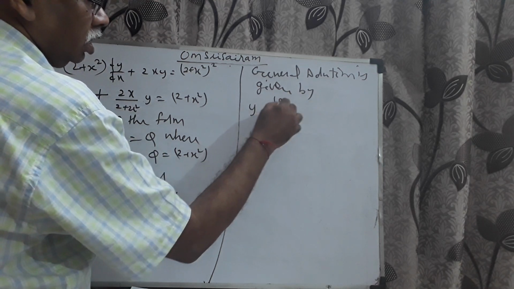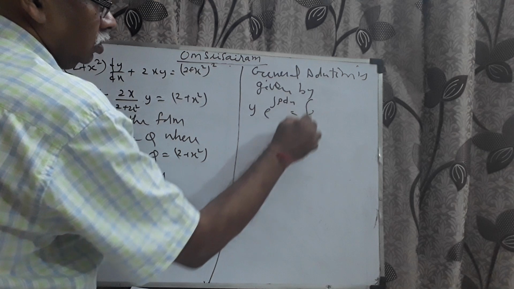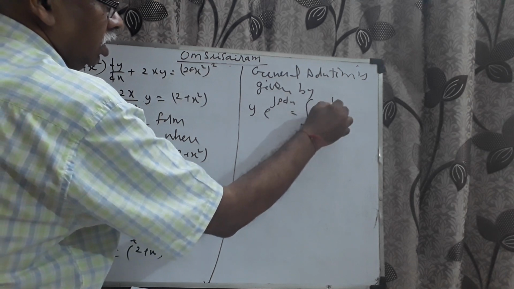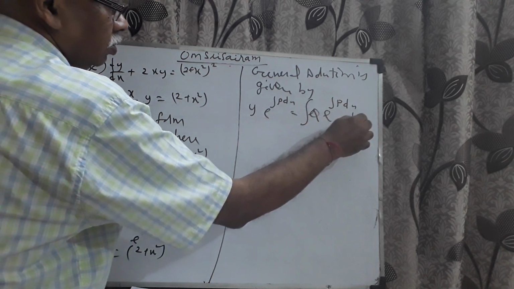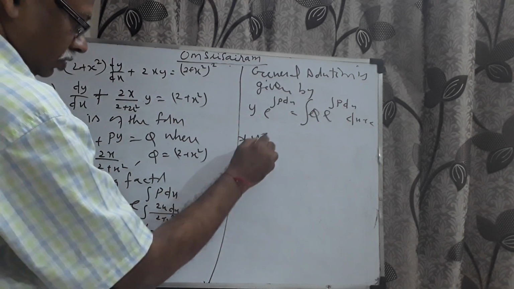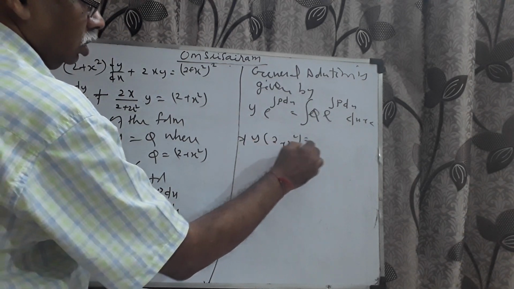y e^(∫P dx) = ∫Q e^(∫P dx) dx + c, which implies y into (2 + x²).